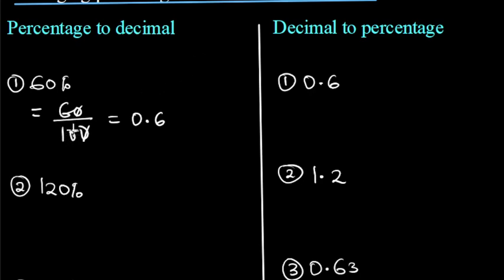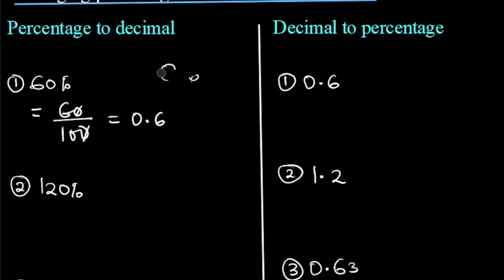6 divided by 10, it can't go, so you put 0 and add 0 to this 6, then 10 into 60 is 6.